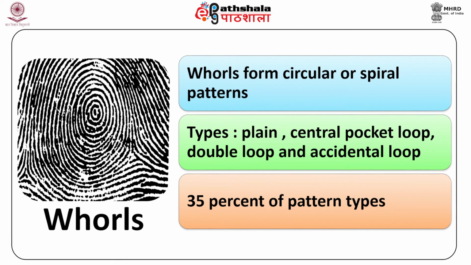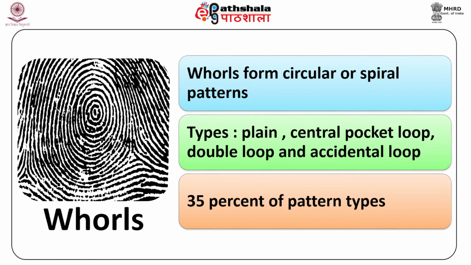Next is whorls. Formed from circular or spiral patterns like tiny whirlpools, there are four groups of whorls: plain, that is concentric circles; central pocket loop, that is a loop with a whorl at the end; double loop, that is two loops that create an S-like pattern; and accidental, that is an irregular shape.